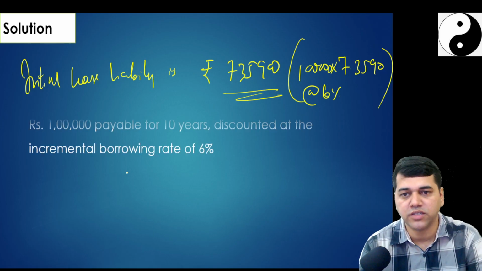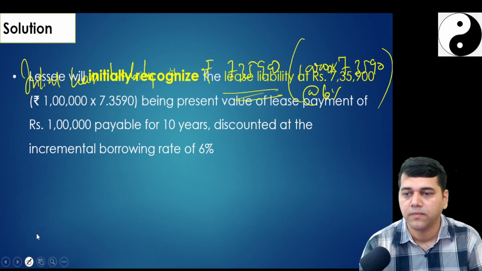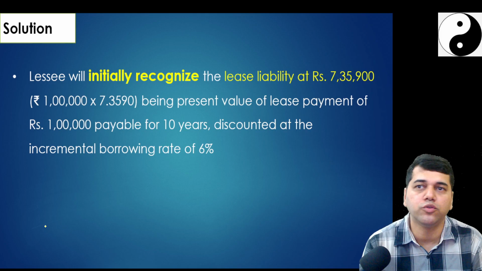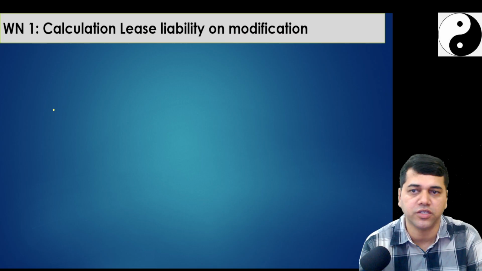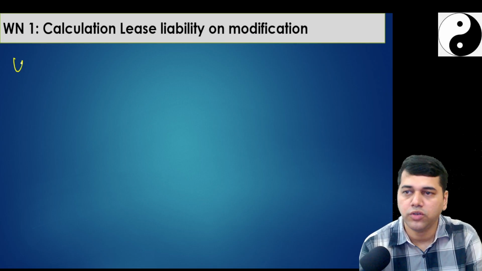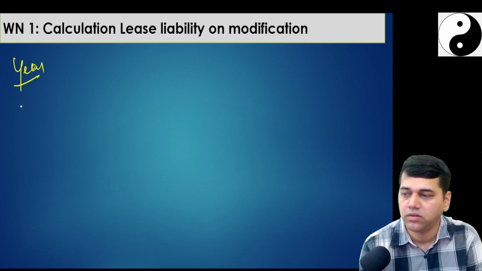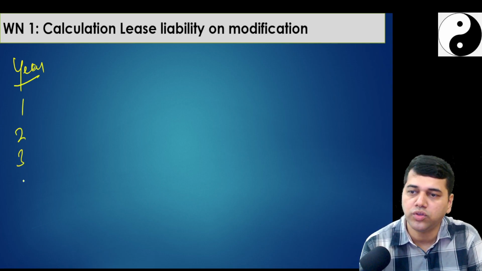What should I do next? Balance, same remeasurement. So I will go to the next same thing. Lease liability modification. So year 1, 2, 3, 4.